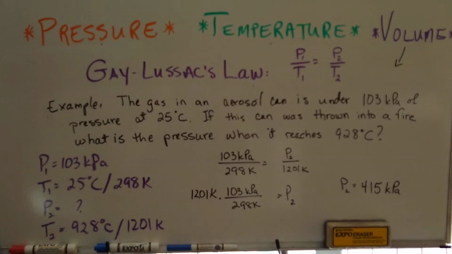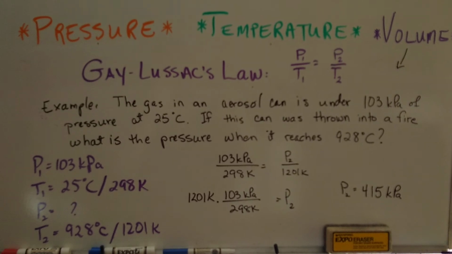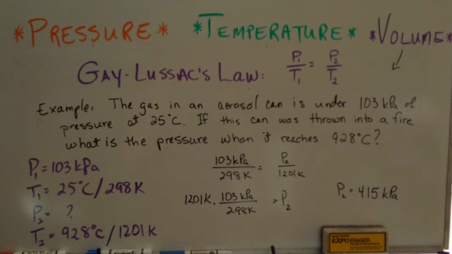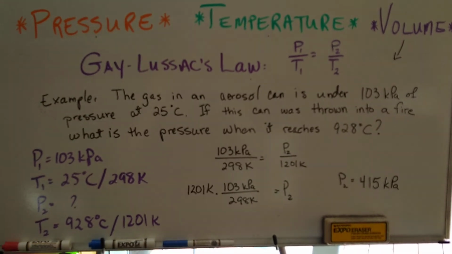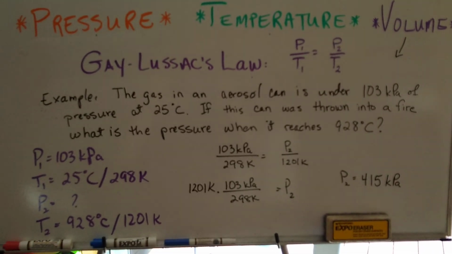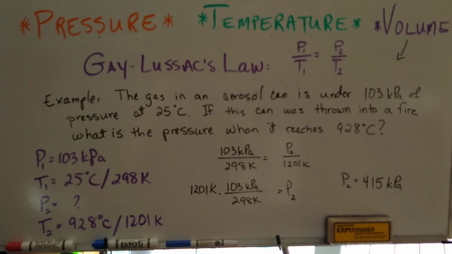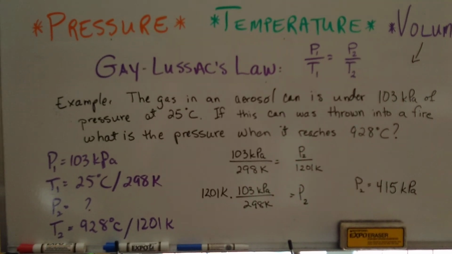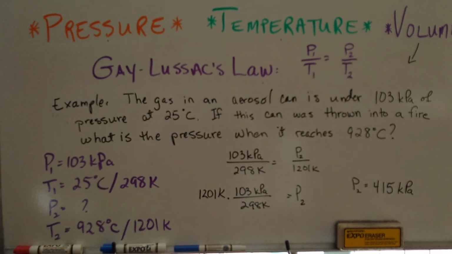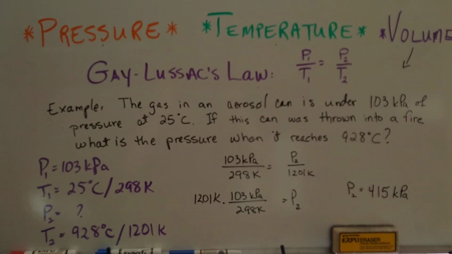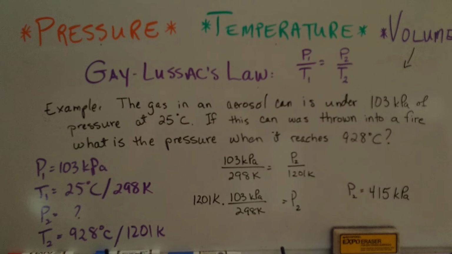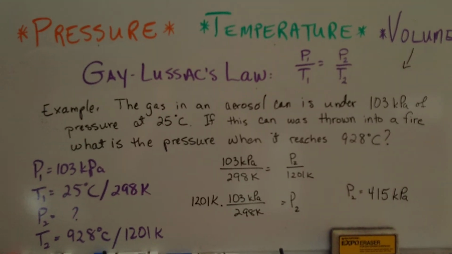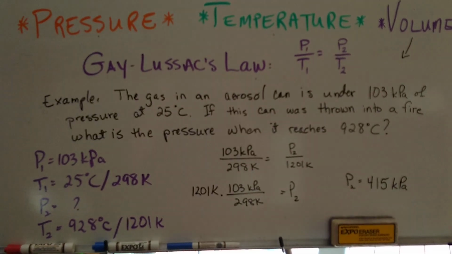The example problem we'll use for this is a gas in an aerosol can. The can is under 103 kilopascals of pressure at 25 degrees Celsius. So this is basically room temperature and normal pressure. If this can was thrown into a fire, what is the pressure when it reaches 928 degrees Celsius?